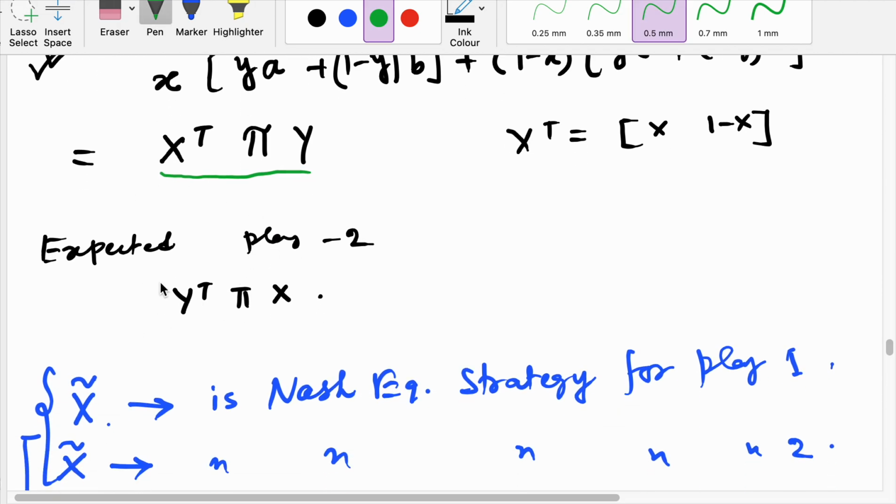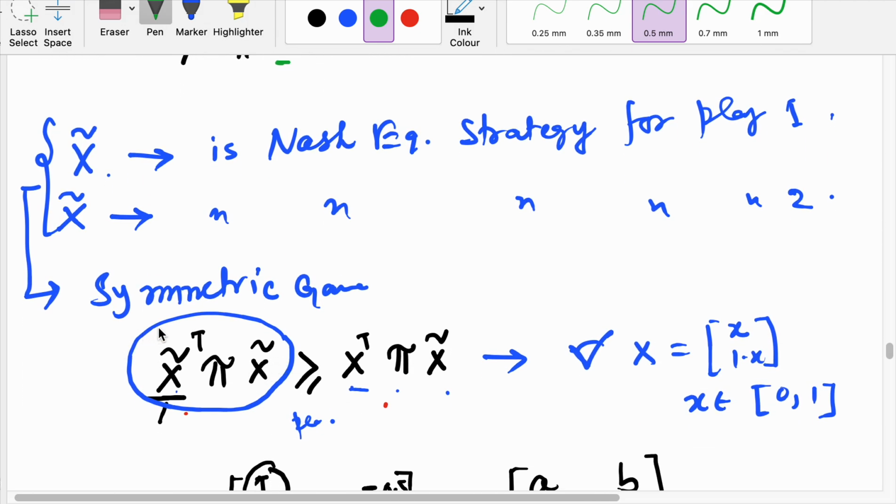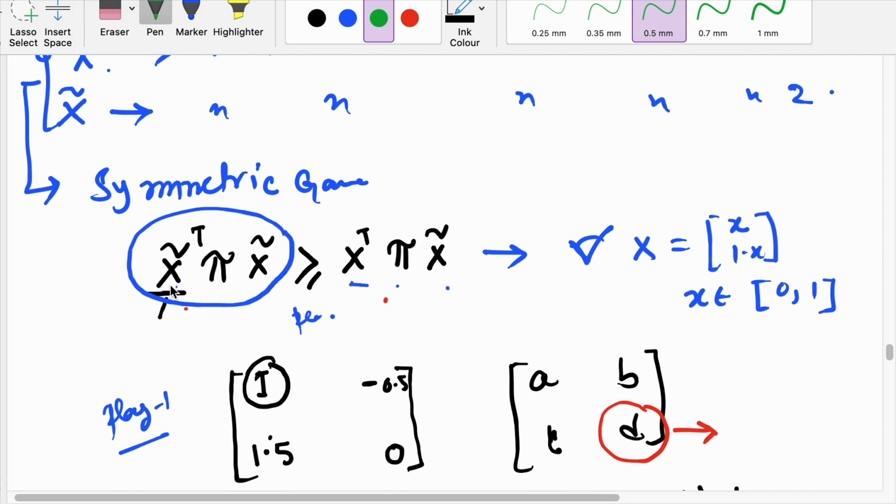Similarly, you can calculate if player 2's mixed strategy is y and he is playing against a player whose mixed strategy is x, then you can also calculate the expected payoff of player 2. Now the definition of the Nash equilibrium is that if x tilde is the Nash equilibrium, then the individual playing x tilde, if she deviates from this strategy, will not get any better payoff than she gets by playing the Nash equilibrium.